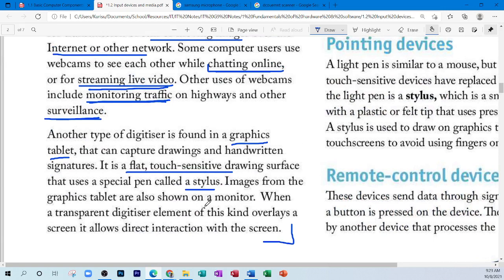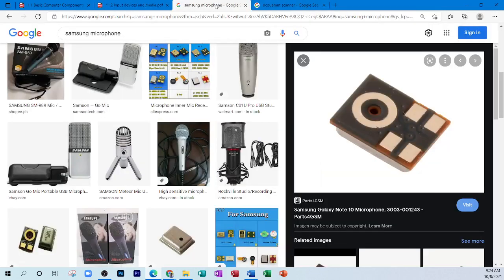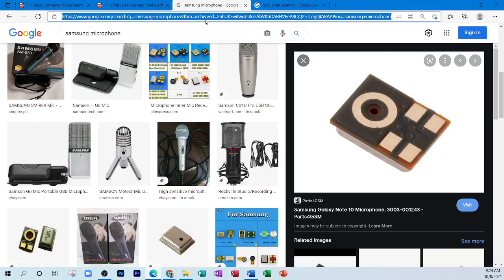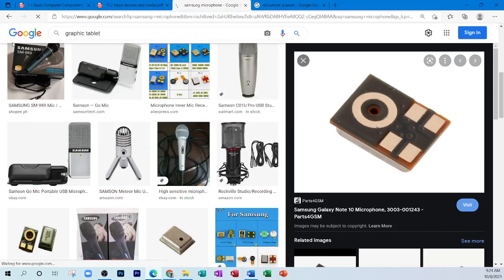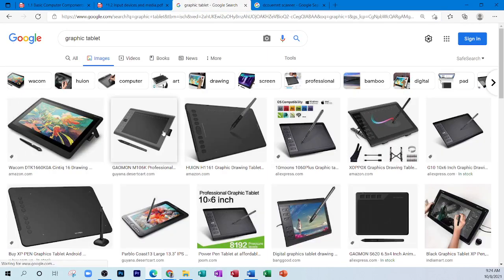Now we have another digitizer, and that is the graphics tablet. Any of you ever had a chance of using a graphics tablet? It's basically a device that you would use to draw on. So these are some examples of graphics tablets. Sir, I have one without the screen. Oh, you have one without a screen?